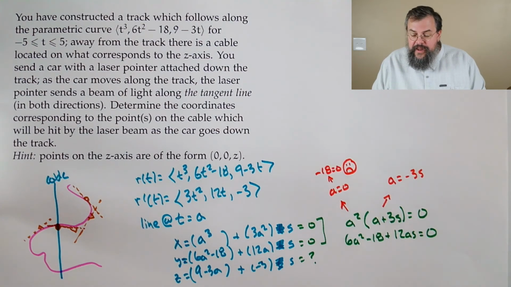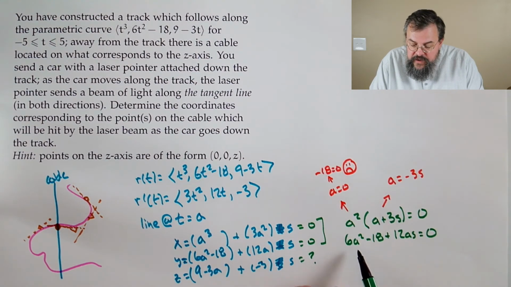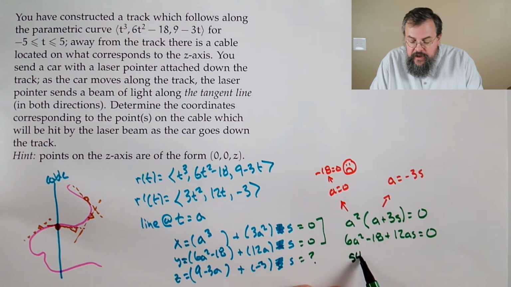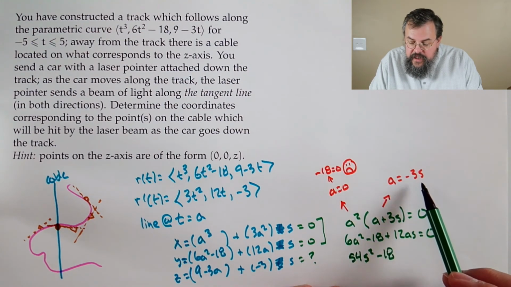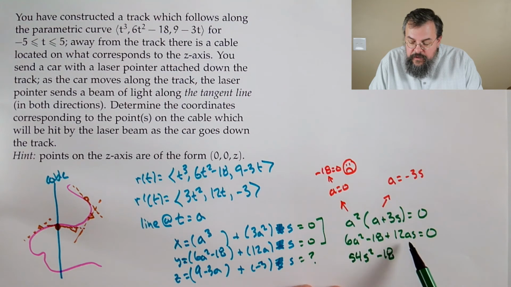All right, now that will help us. So let's take that and plug it into our second equation. So minus 3s squared would be 9s squared. Times 6 would give you 54s squared. Minus 18. And here, minus 3s times 12s, right?